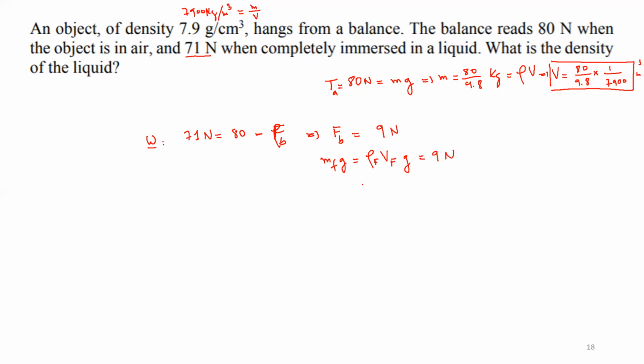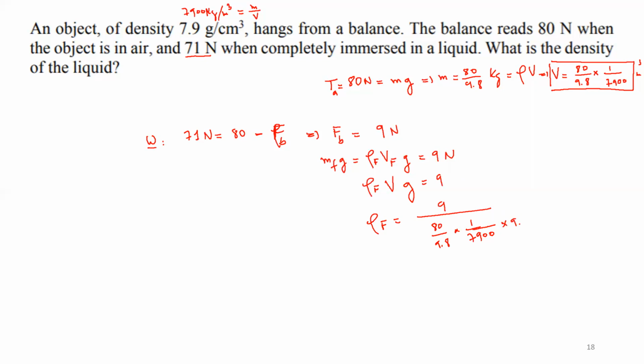And what is Vf? Rho of the fluid, V of the fluid. Well, V of the fluid, you know that it's completely immersed, so it will be the V of the object, the V that I calculated here, times g, is equal to 9 Newton. So that means that rho of the fluid will be equal to 9 divided by the volume. We already calculated the volume.